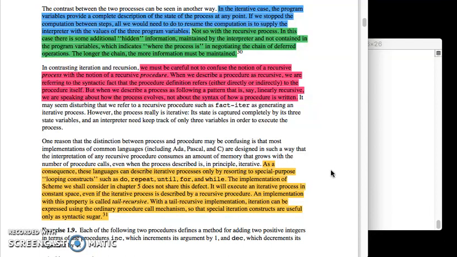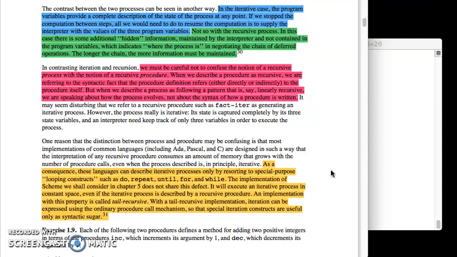In contrasting iteration and recursion, we must be careful not to confuse the notion of a recursive process with the notion of a recursive procedure. When we describe a procedure as recursive, we are referring to the syntactic fact that the procedure definition refers either directly or indirectly to the procedure itself. But when we describe a process as following a pattern that is, say, linearly recursive, we are speaking about how the process evolves, not about the syntax of how a procedure is written.